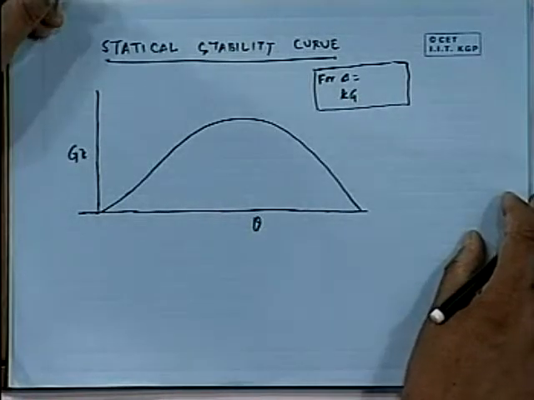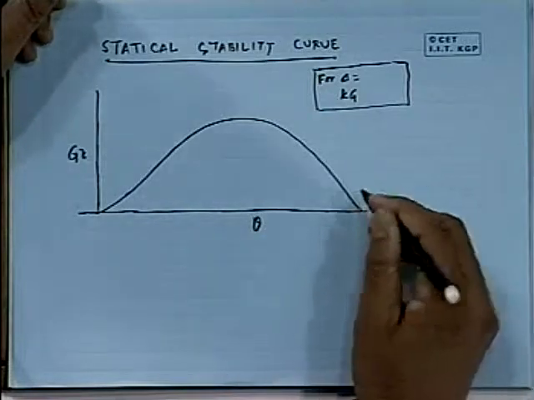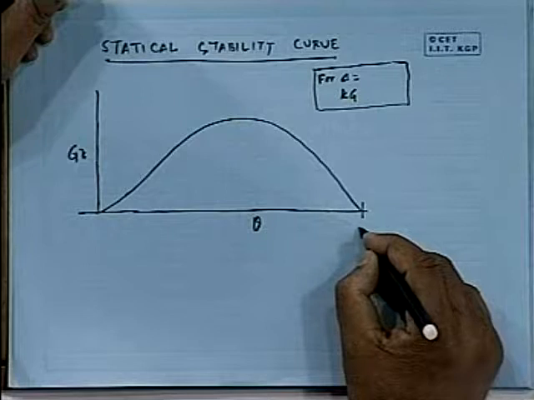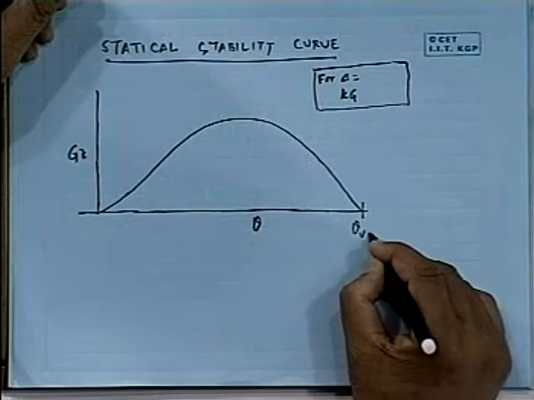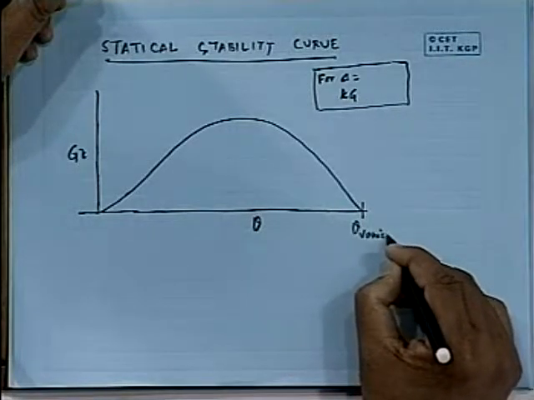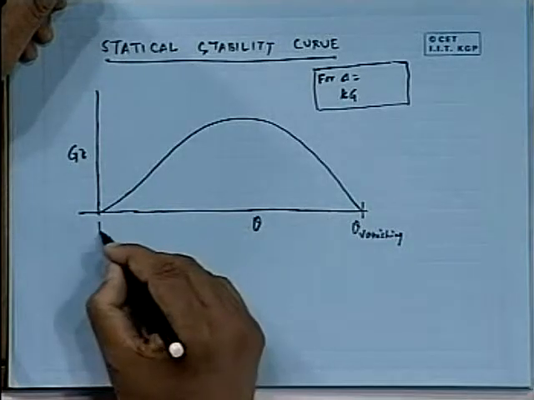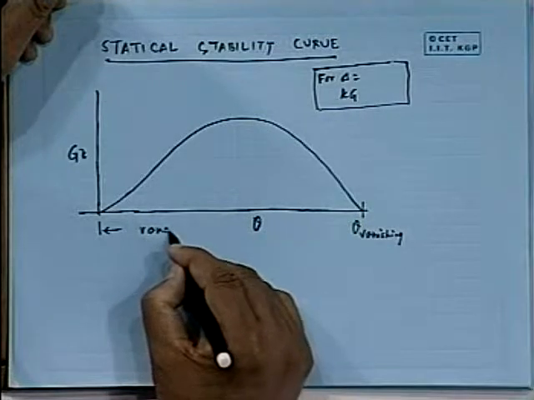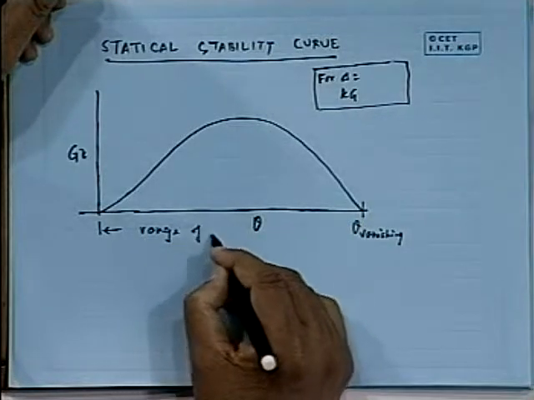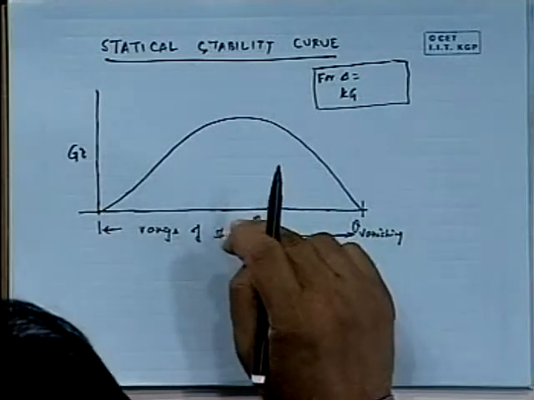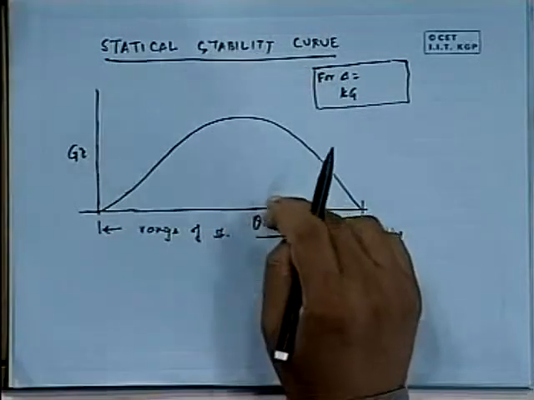Now, last class we mentioned that this is normally called the angle of vanishing stability, theta vanishing, and this is the range of stability. Now let us discuss a little bit about the properties of this curve.